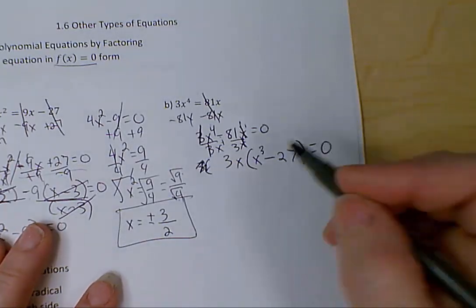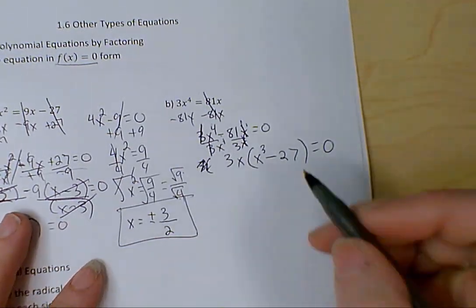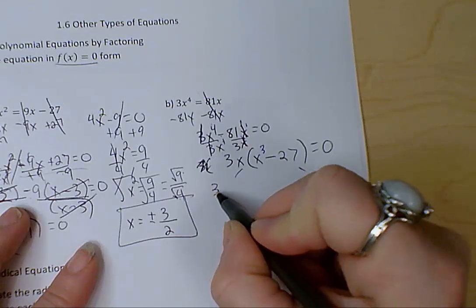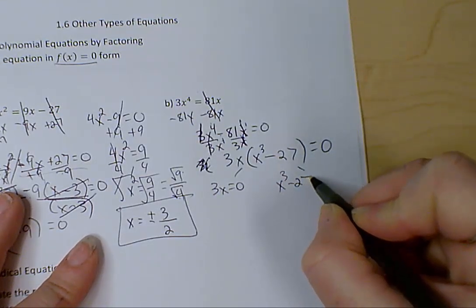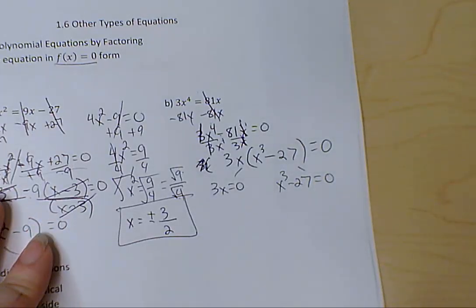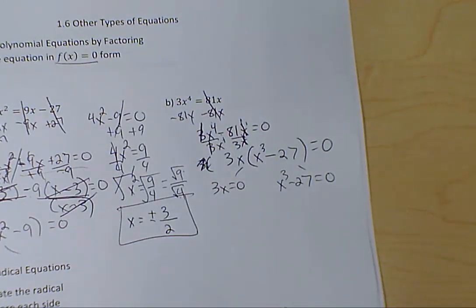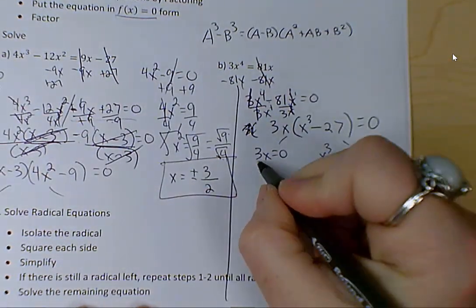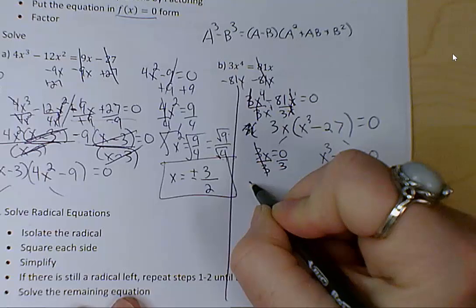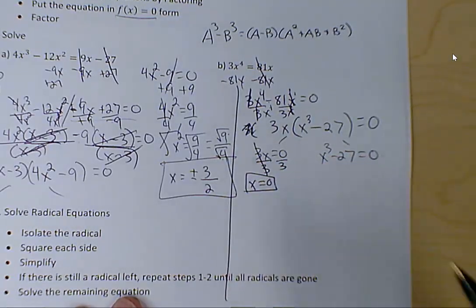We have it in factored form now, so we're going to split these factors up, set them equal to 0, and solve, which means we have 3x is equal to 0. We also have x cubed minus 27 is equal to 0. Now, in order to solve these two equations, dividing out the 3, we are left with x is equal to 0 as our first solution.